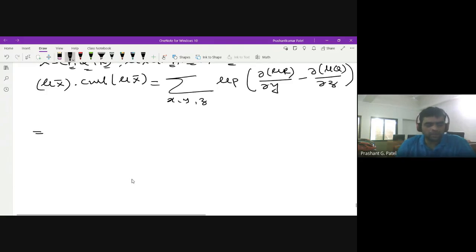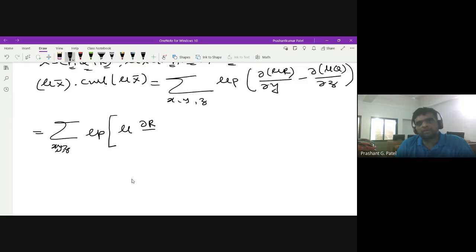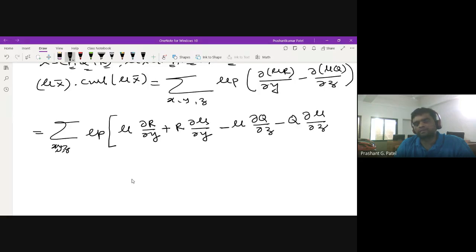So that summation will be the summation over x, y, z of μP, which is already there, times (μ ∂R/∂y plus R ∂μ/∂y), then the same for this one: minus μ ∂Q/∂z minus Q ∂μ/∂z.